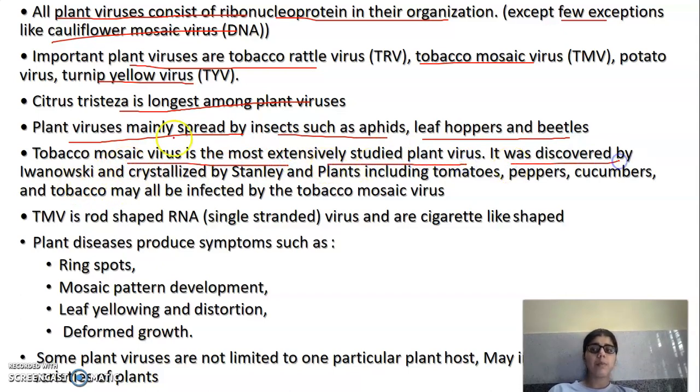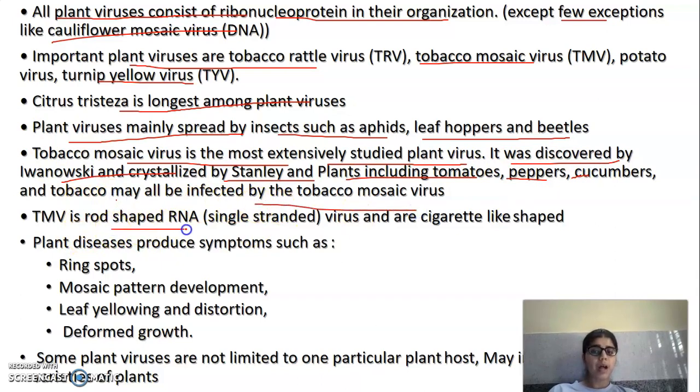It was discovered by Ivanovsky and crystallized by Stanley, and plants including tomatoes, peppers, cucumbers, and tobaccos may all be infected by the tobacco mosaic virus.